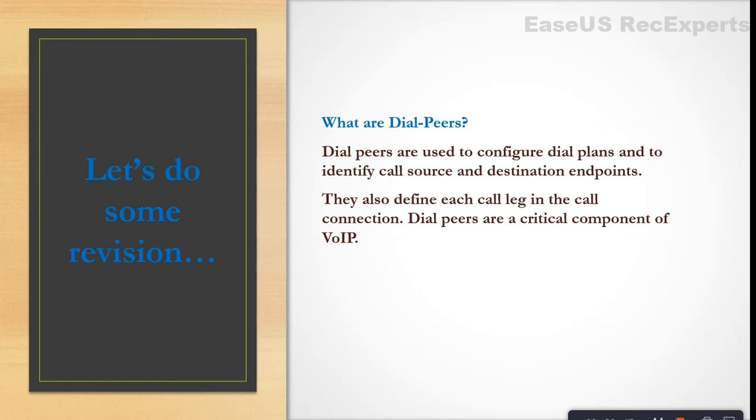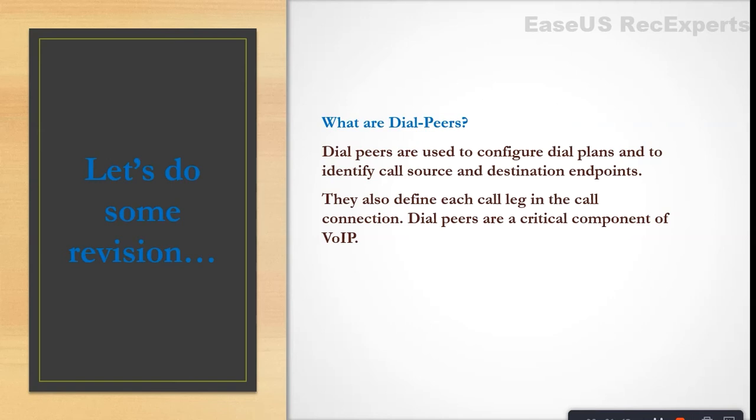In the last video, we saw that dial pairs are used to configure dial plans and to identify call source and destination endpoints. Dial pairs can also be considered static routes. If you have been through CCNA routing and switching, we have static routes and dynamic routes. So dial pairs are kind of static routes in VoIP.